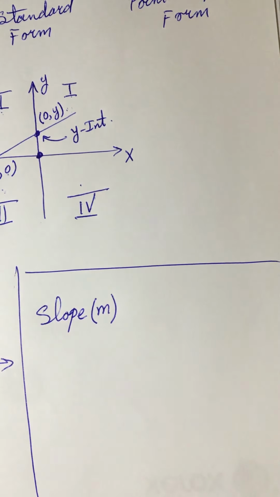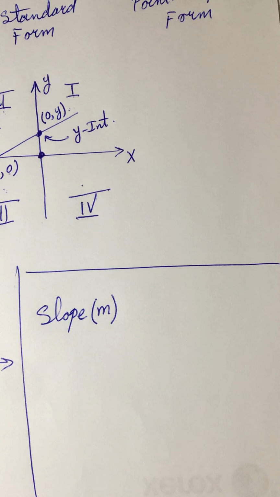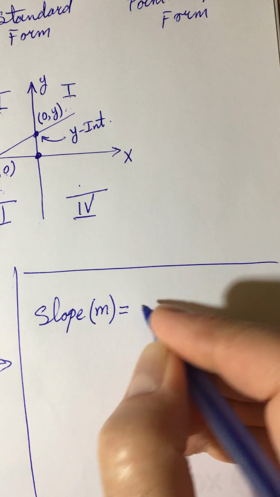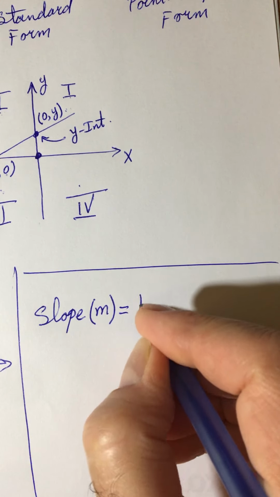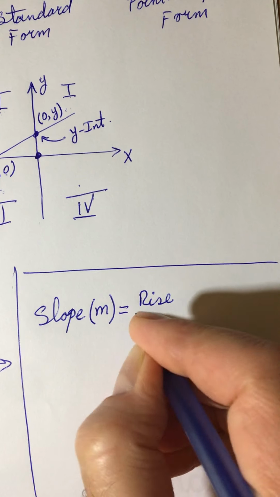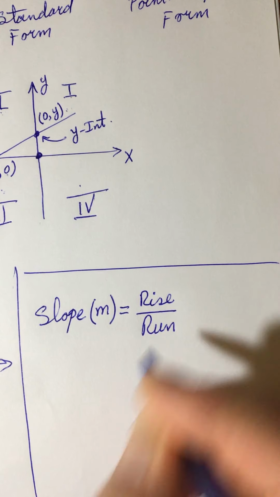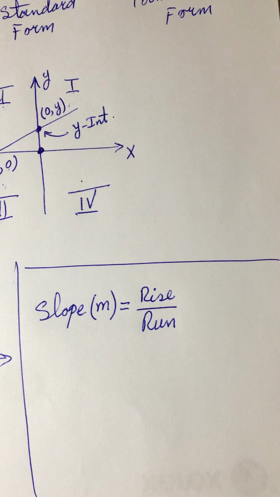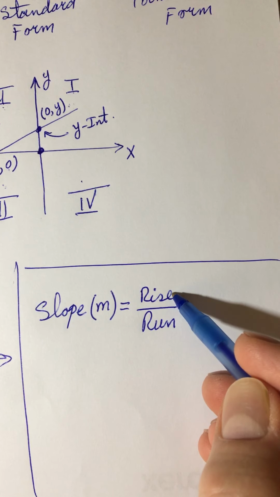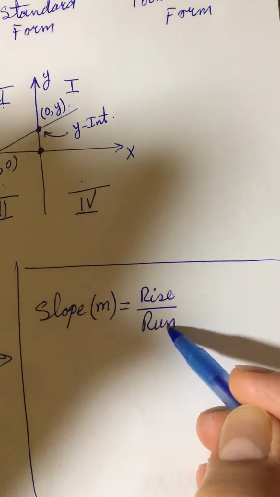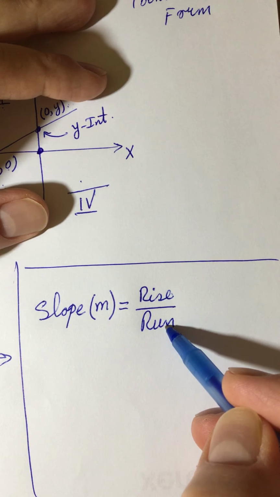The symbol is always a lowercase m in algebra, not a capital M, because capital M is used for midpoint. So please make sure that if you're using the symbol, it has to be a lowercase m. From middle school, we remember slope defined as rise over run, or the change in the vertical direction, that's rise, over the change in the horizontal direction, that's run.